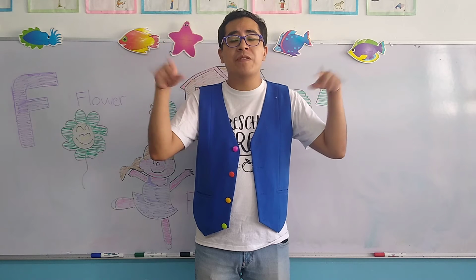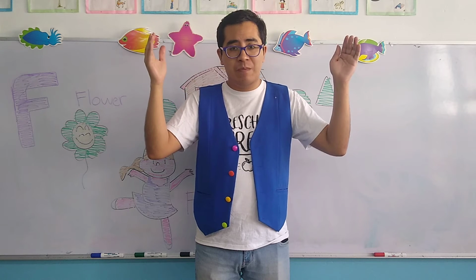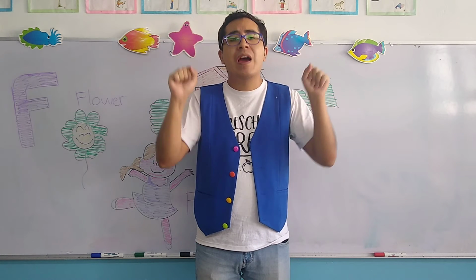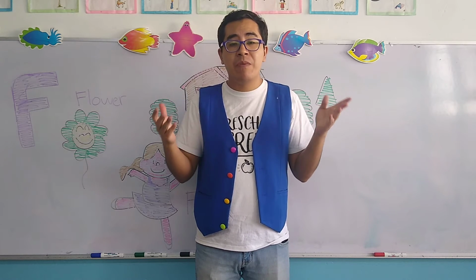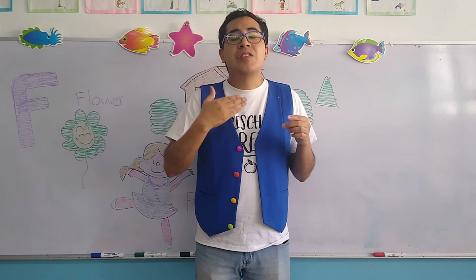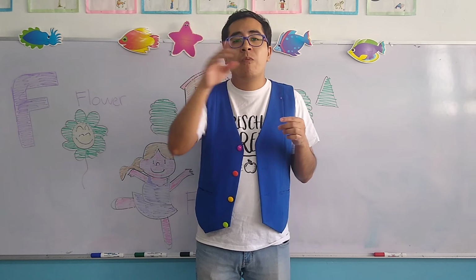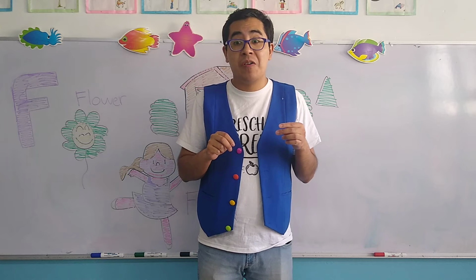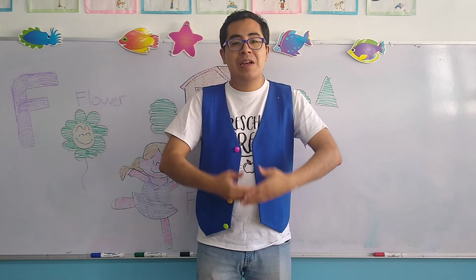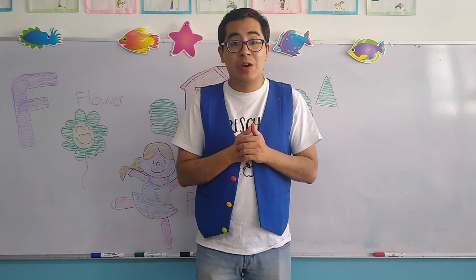It's a part of the body. Era una parte del cuerpo that is located right here. Another, the face. Excellent. Remember the face, cara. It's another part of the body. What else do you remember? The fat person. Remember the fat person? El que estaba gordito? Very good.